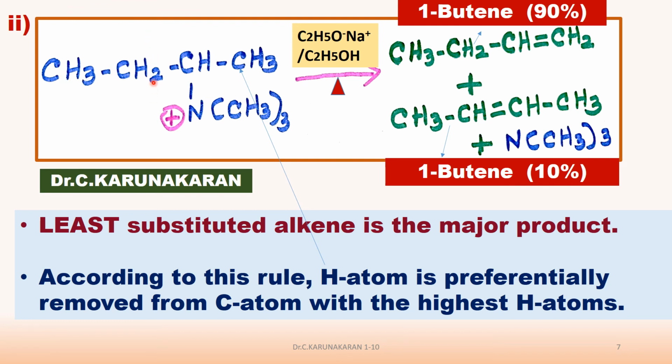The hydrogen atom is removed here and C2H5OH is formed. A hydrogen atom can also be removed from here. If the hydrogen atom is removed from here, then 1-butene is formed. If it is removed from here, then 2-butene is formed. According to this rule, the hydrogen atom is preferentially removed from the carbon atom with the highest number of hydrogen atoms.